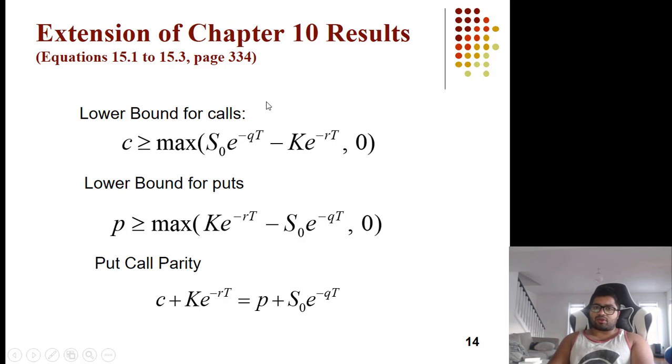So the formula for lower bound of call becomes S0 discounted by dividends, and put becomes S0, again discounted by dividends. Put-call parity: call plus bond discounted at risk-free rate equals put plus stock discounted at dividend yield.